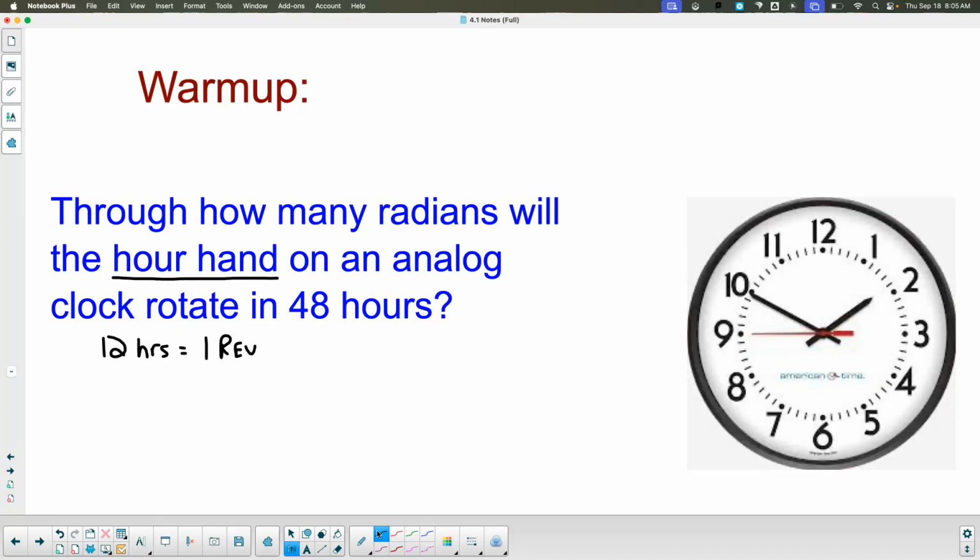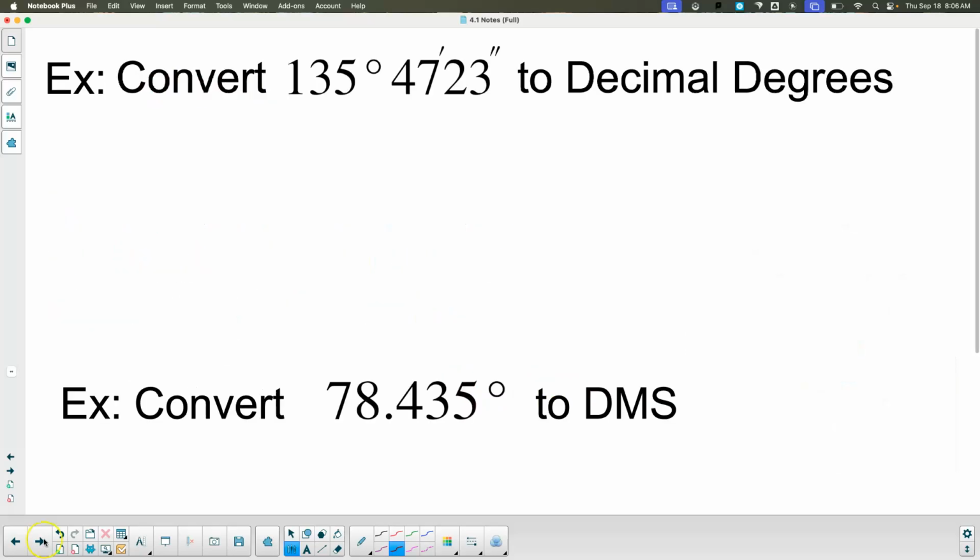How many revolutions get made in 48 hours? 4. Each revolution is 2 pi radians, so then this would be 8 pi radians. Alright, love it. Good little warm up there.